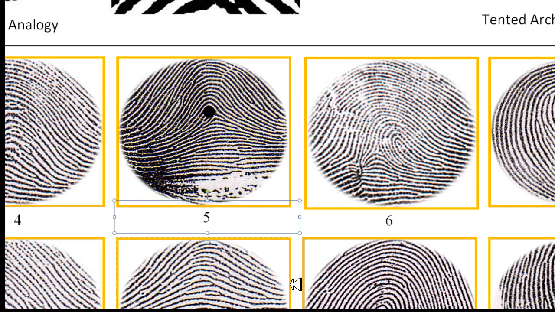You would say it is a plain arch referenced to a tented arch, or vice versa, because you would not know. You wouldn't have enough information, knowing that even though you have all of this ridge information here, you cannot classify the print because you do not know what's going on in the very center. And when I remove this, you see the upthrusting, the camping tent formation, which gives this the tented arch classification.